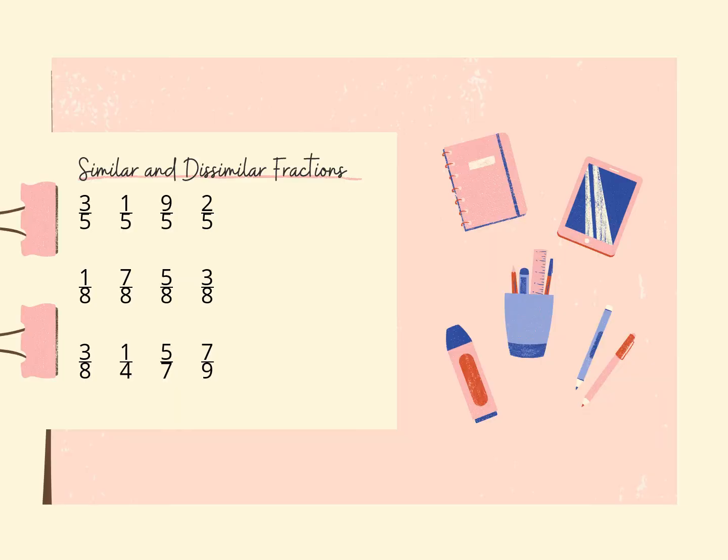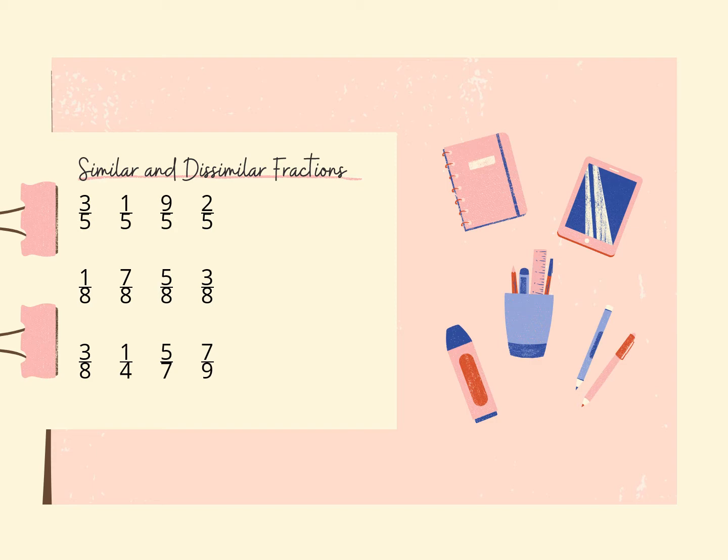First, let's recall what similar and dissimilar fractions are. Similar fractions are those that have a common denominator, and dissimilar fractions are those with different denominators. I have here 3 sets of fractions.